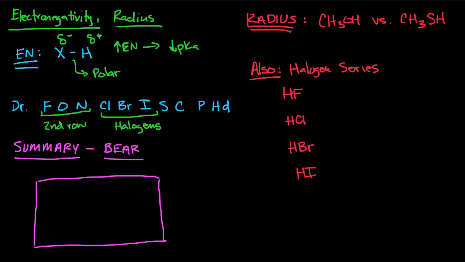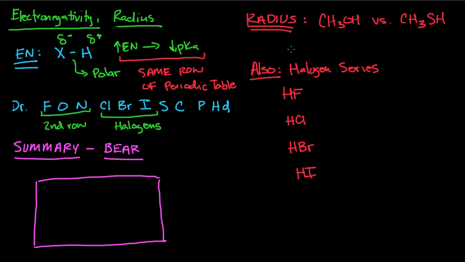All right. Now, one thing that you do need to keep in mind about this electronegativity trend is it only really works when you're staying in the same row of your periodic table. This trend isn't very good if you go between different groups or different rows of the periodic table. So let's say you go down a group.